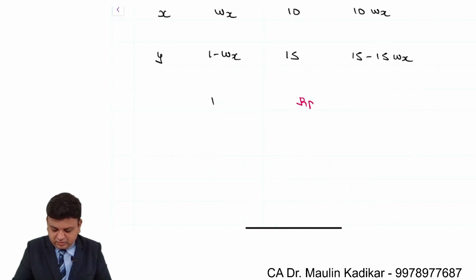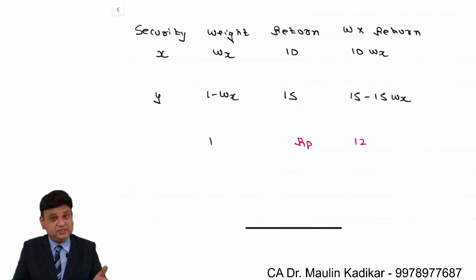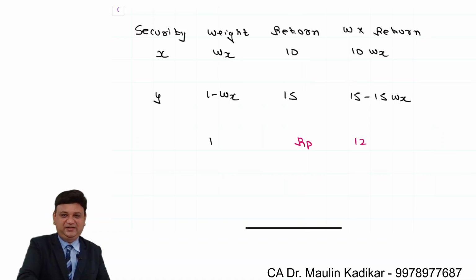The return of the portfolio is supposed to be 12%. This is the way you form an equation, and in this equation WX will be found as the balancing figure. That is the proportion in which you are to invest in security X and the remaining in security Y.